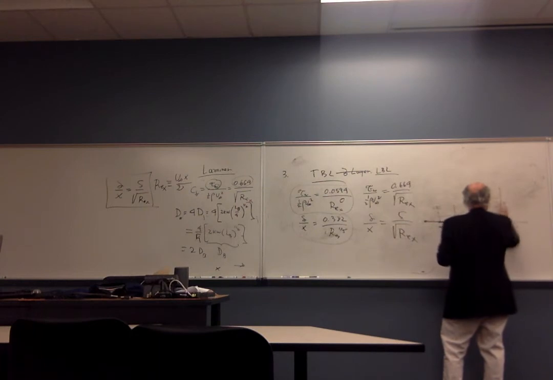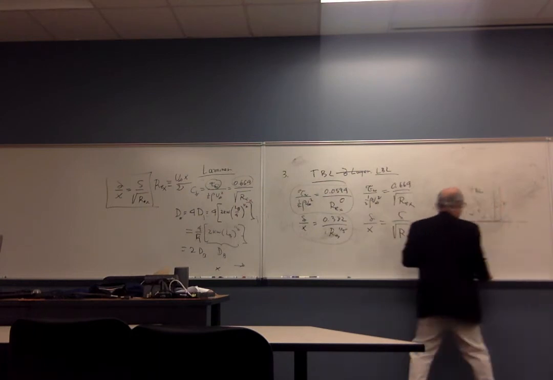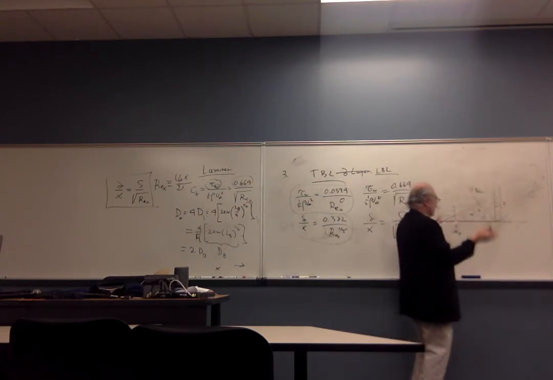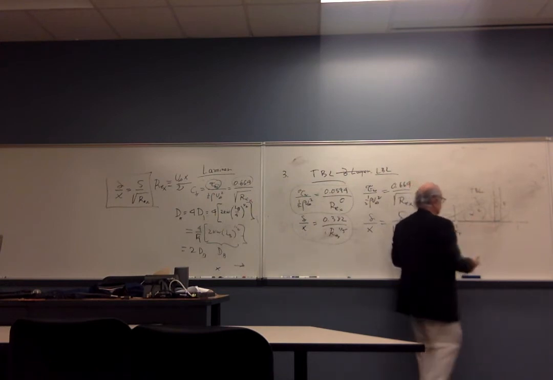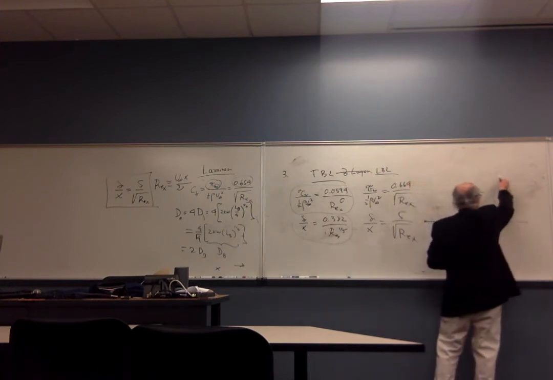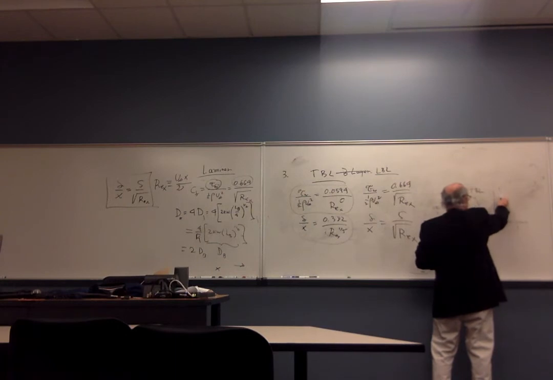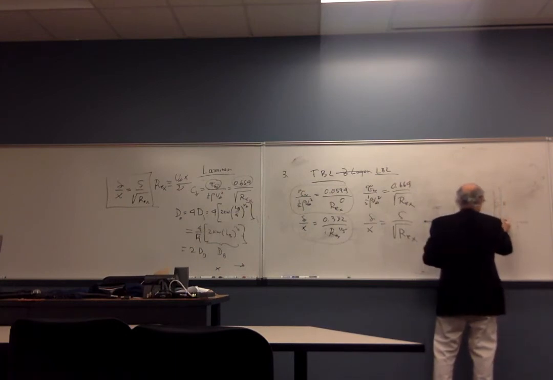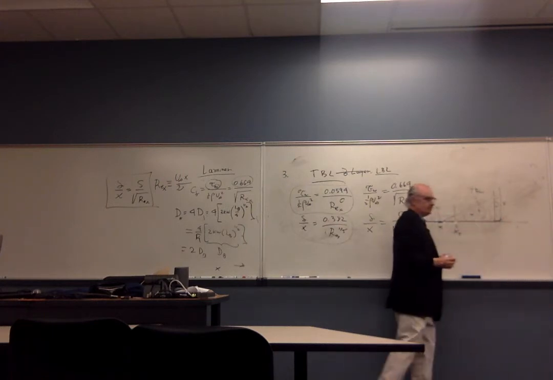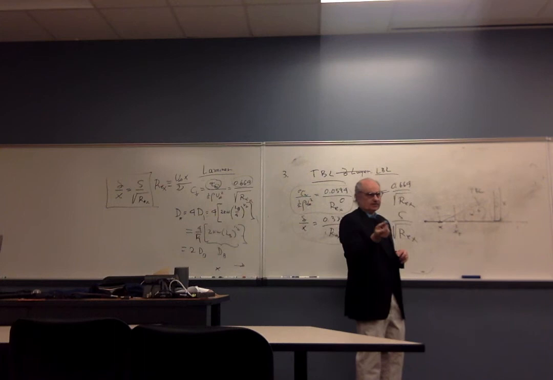For a turbulent boundary layer, this is a very crude approximation, it's not really like this, but basically the velocity profile is very flat. And very close to the wall, it would go to 0 very rapidly. That's kind of what you're saying.